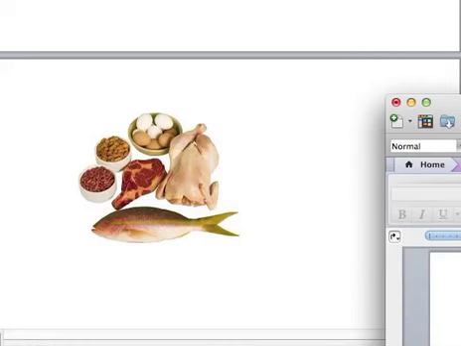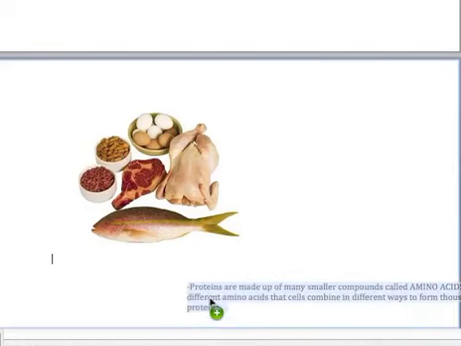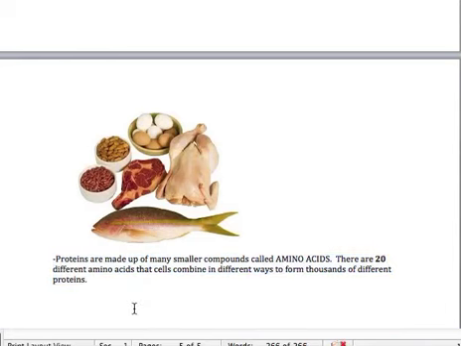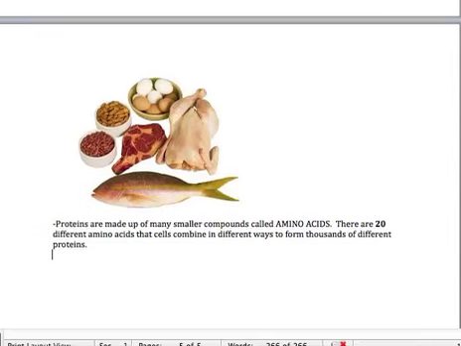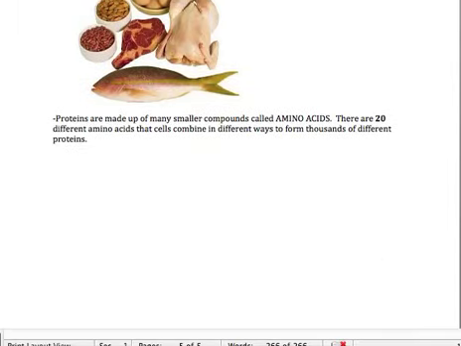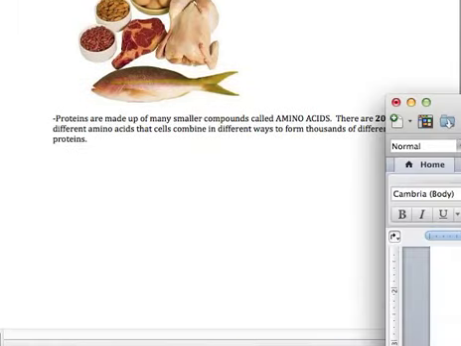But proteins are different. You can break proteins up into smaller parts, and those parts aren't all going to be the same, because proteins are made up of many smaller compounds called amino acids. There are 20 different amino acids that cells combine in different ways to form thousands of different proteins.